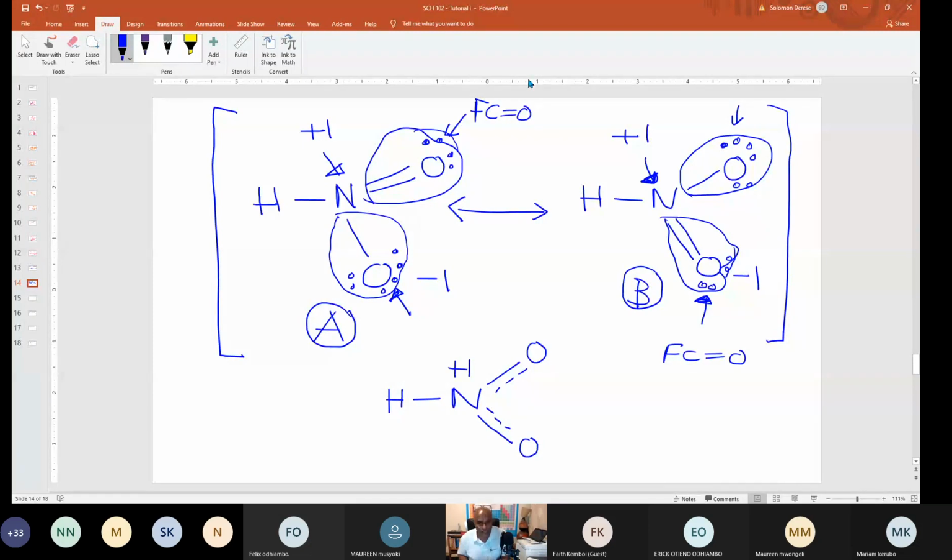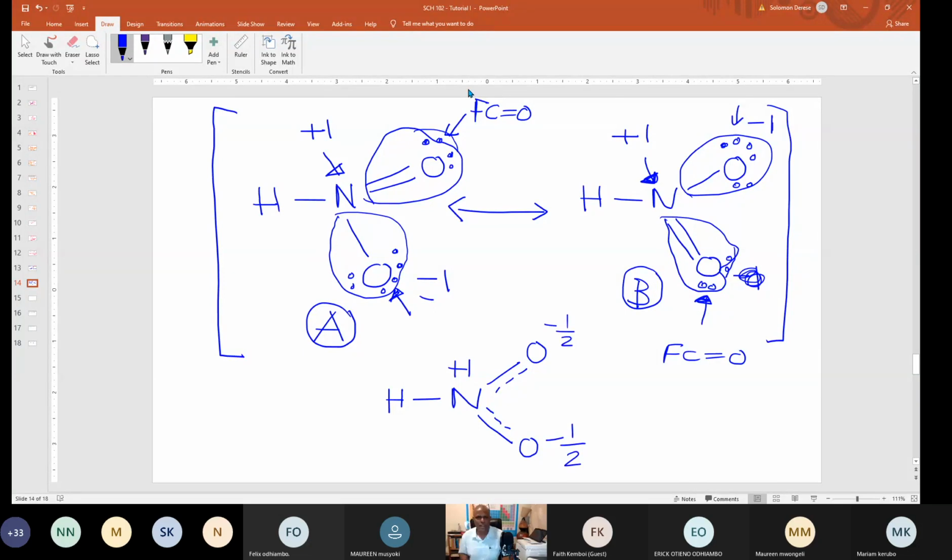Now the -1 charge, sorry, I made a mistake in here. This is not this oxygen which is negative, this one is neutral, it is this one which is -1, okay, sorry. The negative charge, at one time, was on this oxygen, or at another time is on the other oxygen, because the negative charge is shared equally between the two oxygens. So this will be -½. This will also be -½.